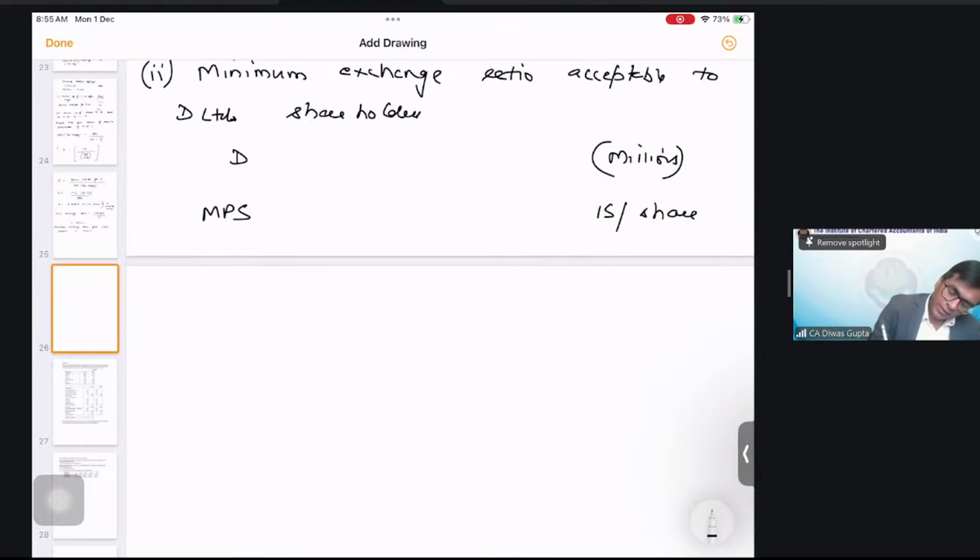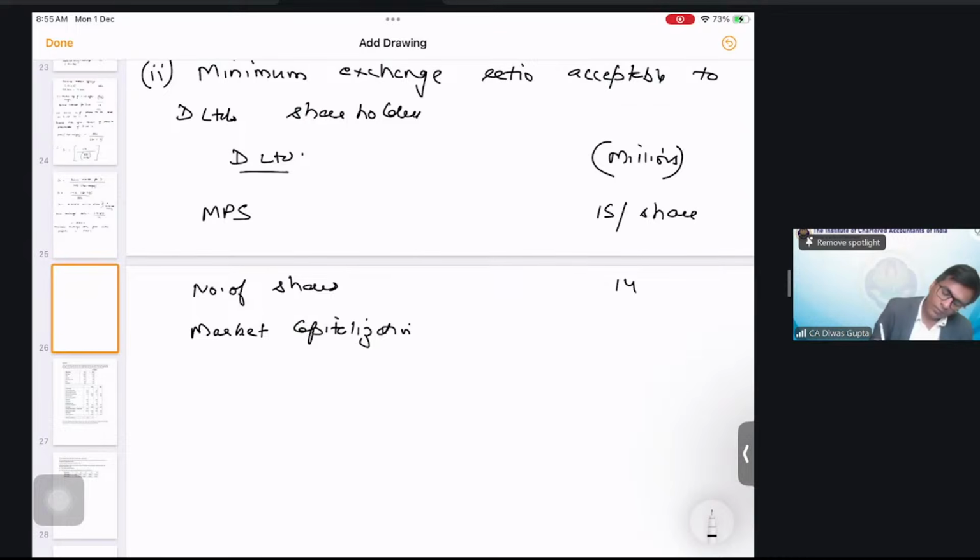So D Limited, market price per share is 15 per share. Number of shares 14 million. Correct? Market capitalization $15 per share into 14 million.